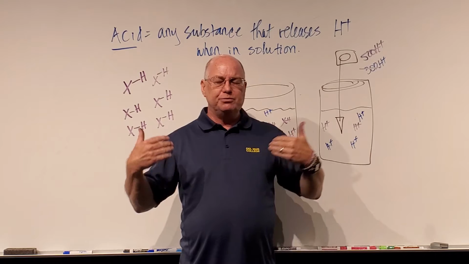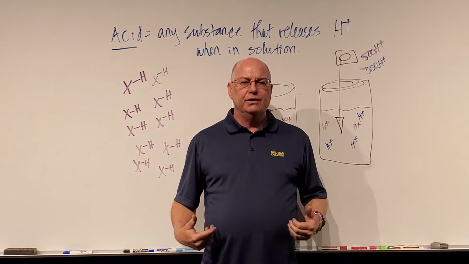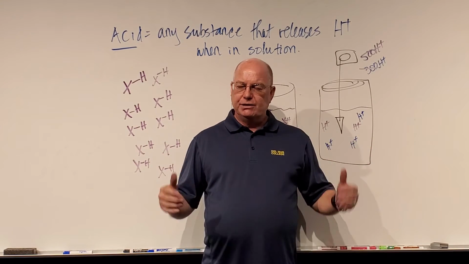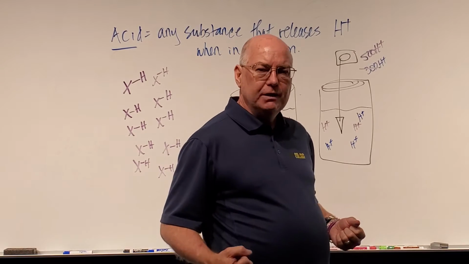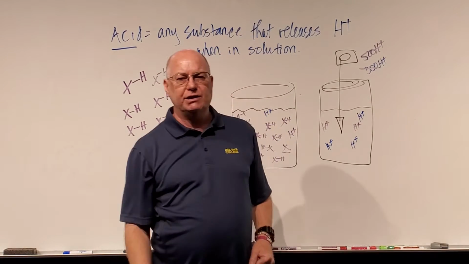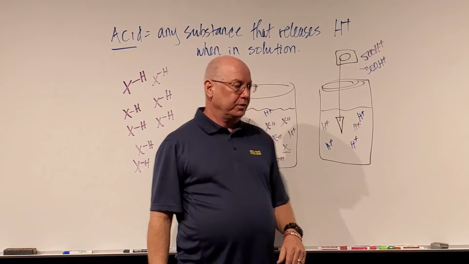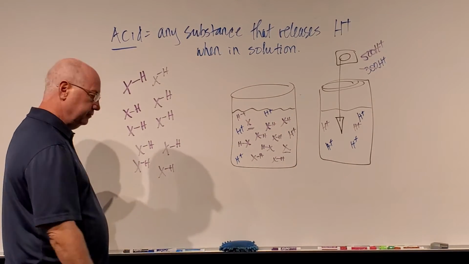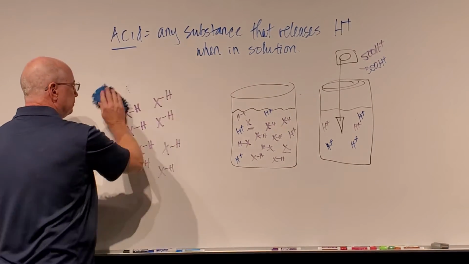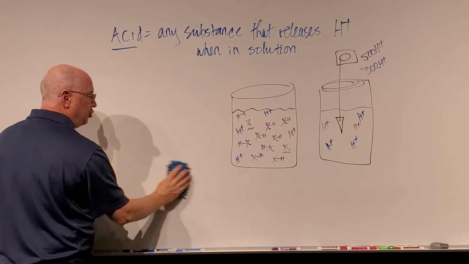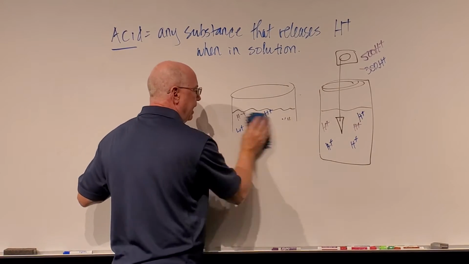I can say that substance X, or the blue stuff, is an acid because the minute it enters solution, some of those molecules release the hydrogen ion. Maybe not all of them, but some of them. We call that an acid. Now, we're going to use the term strong acid and weak acid.